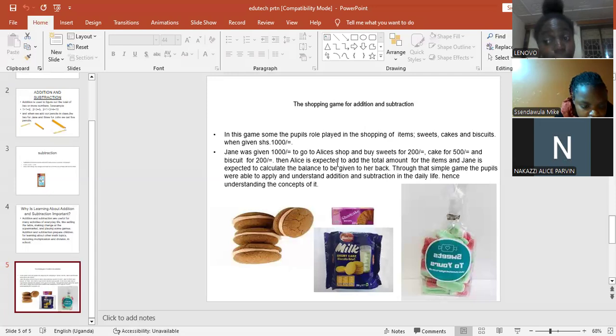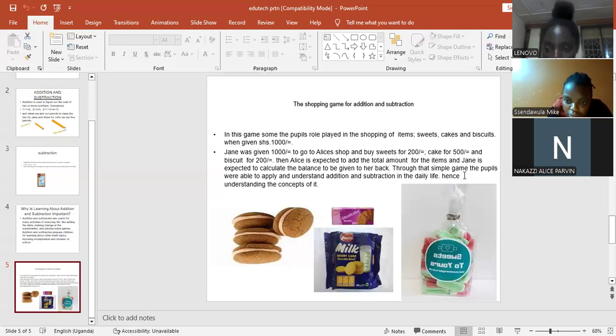Then Alice, getting the total amount of the items being bought by Jane, subtracts that amount from the very amount Jane brought from home. Then that is called subtraction. And what is given back to Jane, we call it balance.